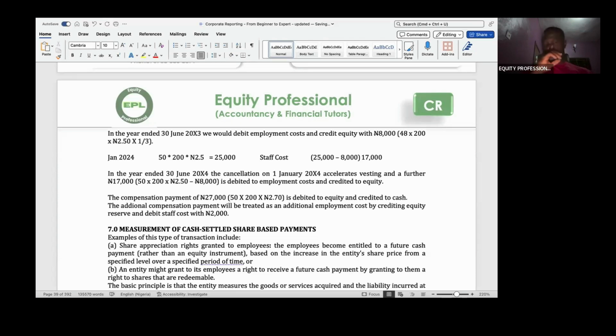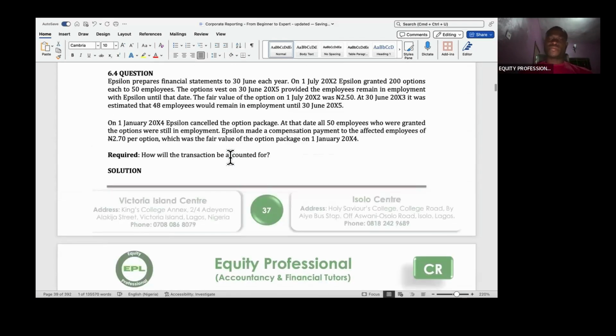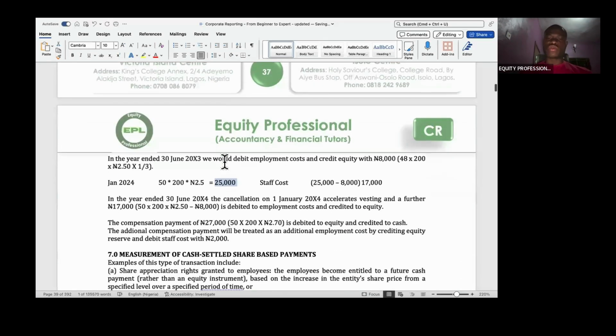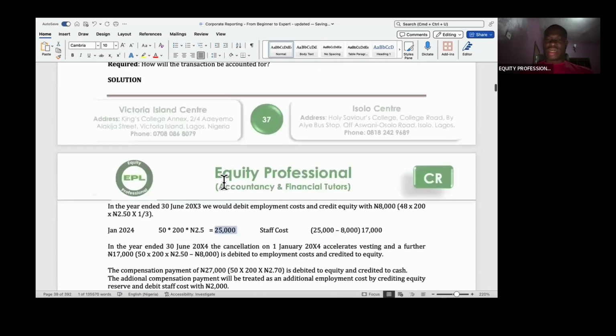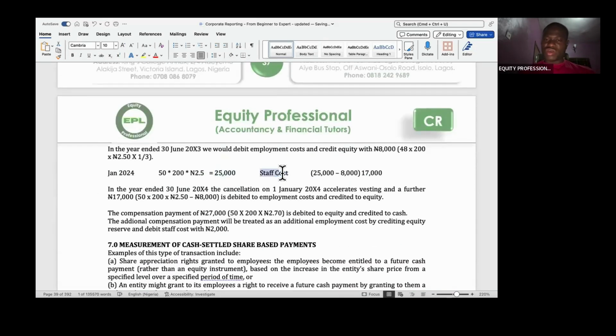But ultimately, the key message is that it is vesting immediately. Since we are canceling, it's vesting. So what we need to pay the employees is 25,000, and we have recognized the increment, 17,000, to P&L as staff cost.